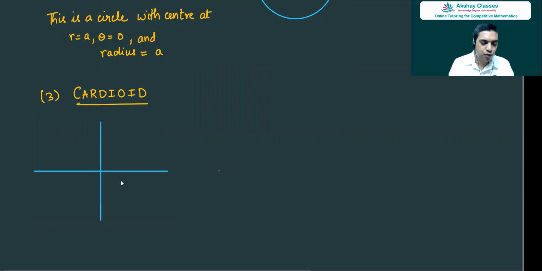There are 4 types of equation here, but let us trace these 4. First one is R is equal to a into 1 plus cos theta. In this, the cardioid, the curve will be like this.